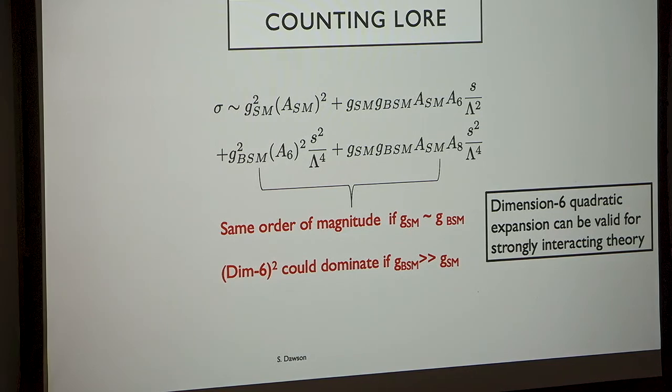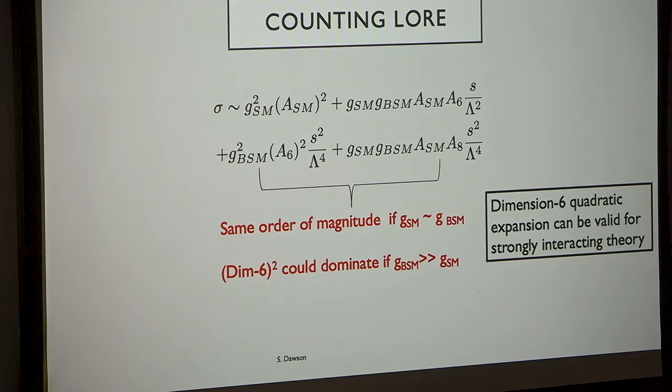It's going to have a standard model and a BSM coupling. Here's my dimension 6 squared. It's going to have a BSM squared piece. And here's my dimension 8 interfering with the standard model. It's 1 over lambda to the 4th. And it's going to have a power of BSM coupling and standard model coupling. So if these couplings are sort of the same size, then all these terms are sort of the same size, then you have to include them all.